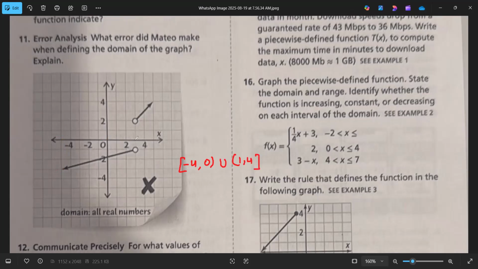Right? So you can say Mateo said the domain is all real numbers, but the graph has a gap. This is the error. That is, there are x values where no point of the graph exists between 0 and 1. So this is the correct domain.